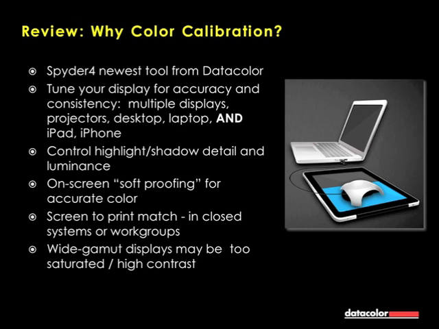It's the first essential step in taming that screen and getting it into shape for your particular use as a photographer. It lets you use on-screen soft proofing while you're editing so you can see what you're doing and see cause and effect. And at the end of the day, you're going to have a much better screen to print match than you would without it.